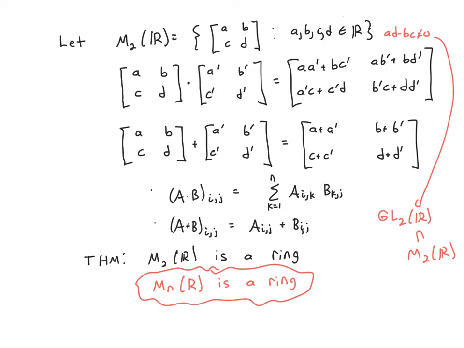And multiplication is as we had it before. The ijth entry in the product of two matrices is this summation of a_ik times b_kj, as k goes from 1 to n.